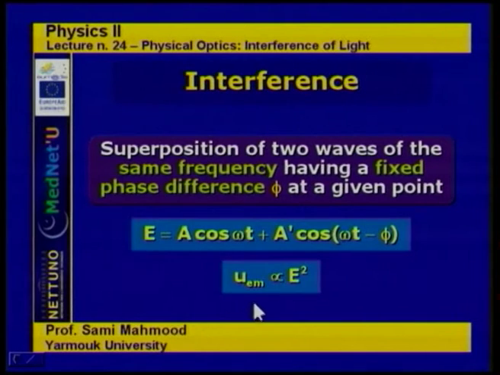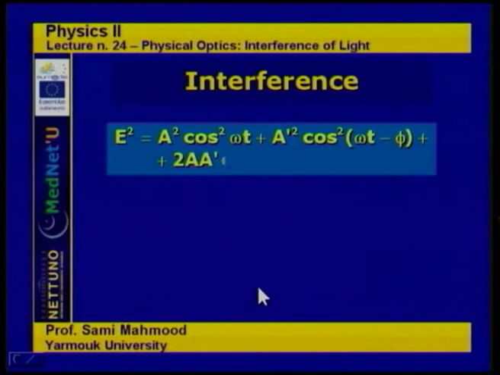And we have to remember that the electromagnetic energy density is proportional to E square. So we square the electric field here, and the square of the electric field is simply A square cosine square omega t plus A prime square cosine square omega t minus phi plus 2A A prime cosine omega t cosine omega t minus phi.